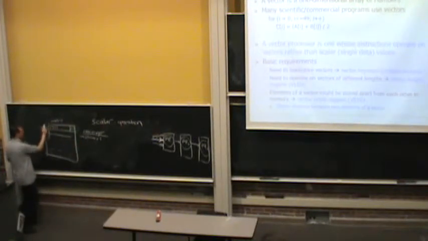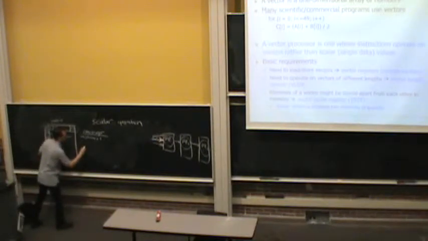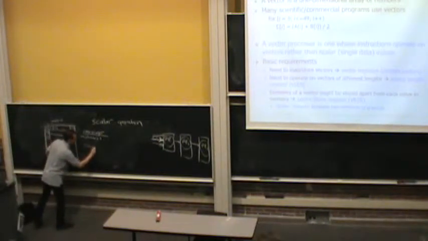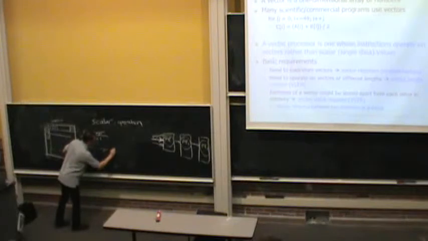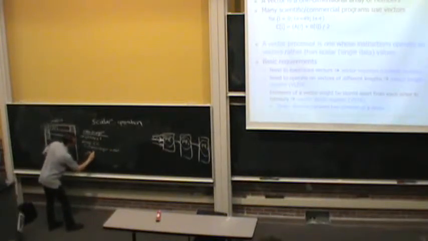But if you're accessing this matrix in column major order, if you want to access the first element in row 0, column 0, and then the element in row 1, column 0, and then the next element in the column, and then the next element in the column, then your stride becomes 64. Right?